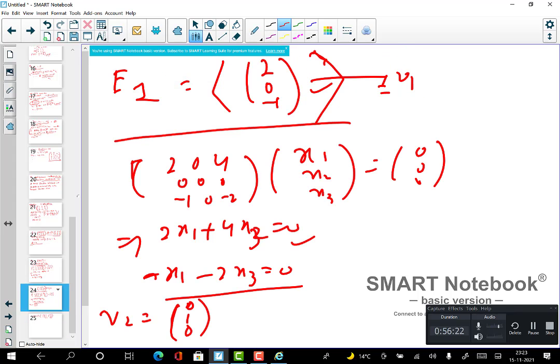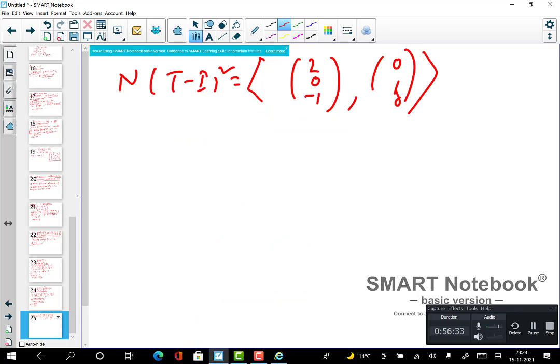Why? Because the first equation tells you that it is this eigenvector, and x2 is independent, so you can choose any x2. So I can choose 0 1 0, x2 can be 1, right? So this will be my new second vector v2.